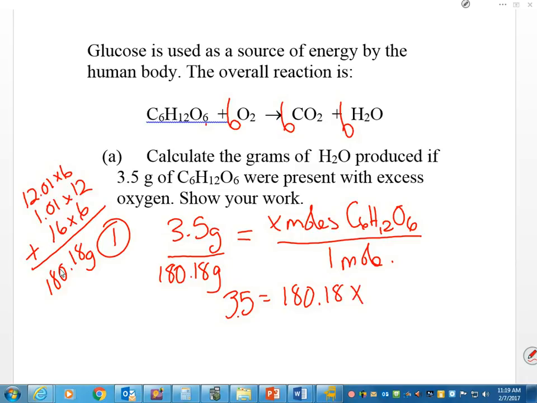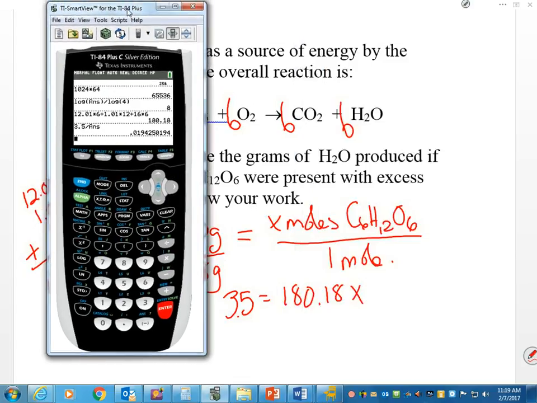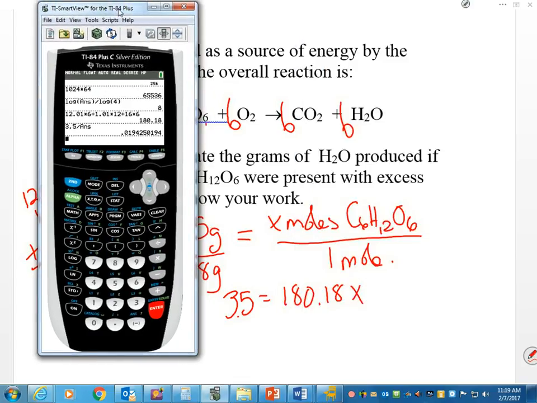3.5 is equal to 180.18 times x. To get x alone, I divide, right? So I get 3.5 divided by 180.18, which gets me 0.0194. What do you have to remember with chemistry, you guys? You have to carry all your decimals, okay?